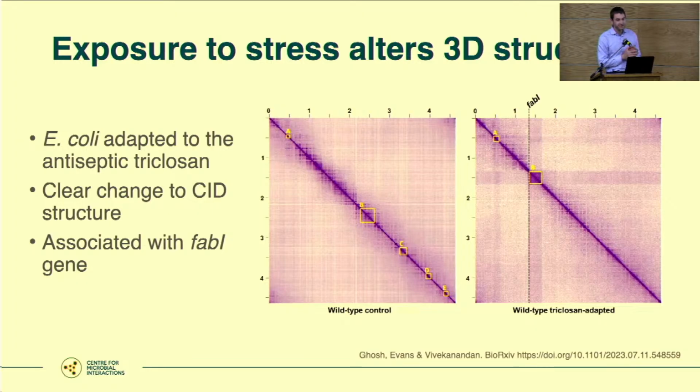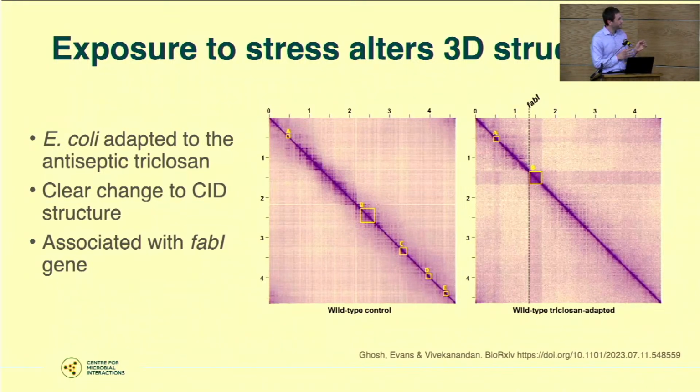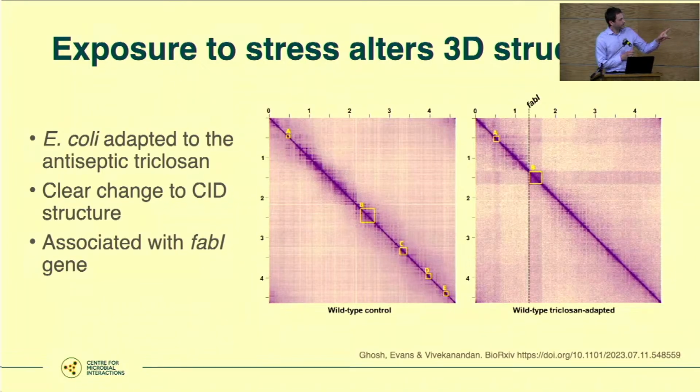She was interested in adaptation to the antiseptic triclosan in E. coli. She'd done a whole load of experimental evolution to look at this, and then we wanted to look at the 3-dimensional chromosome structure. So what we're seeing here is, on the left, the wild type organism, and on the right, the one that's been adapted to triclosan.